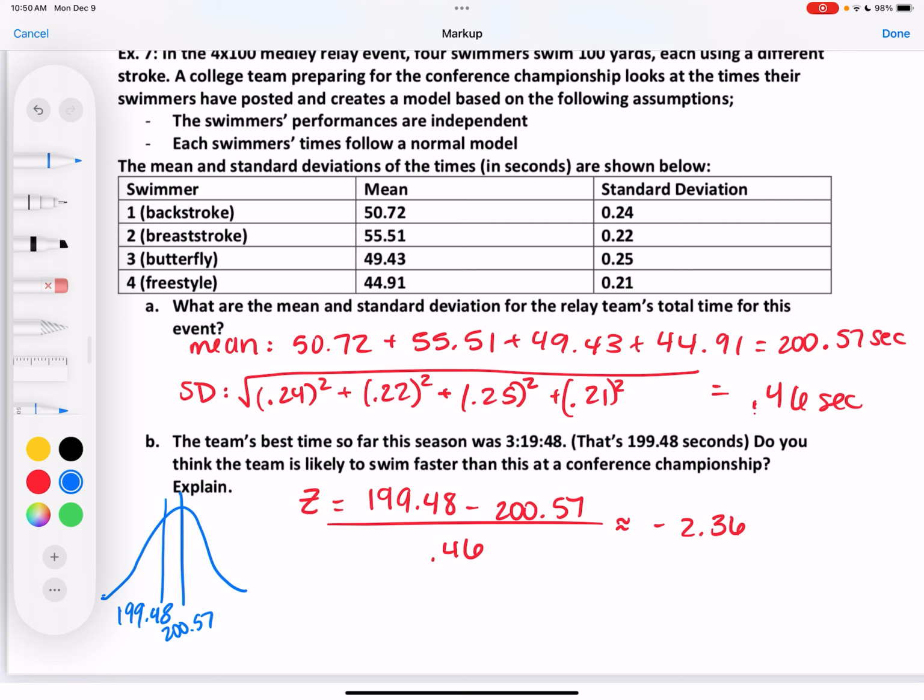So I need to find the likelihood that they swim faster than that, which would mean less than 199.48 seconds. So that's the area over on the left side that I need to look at.